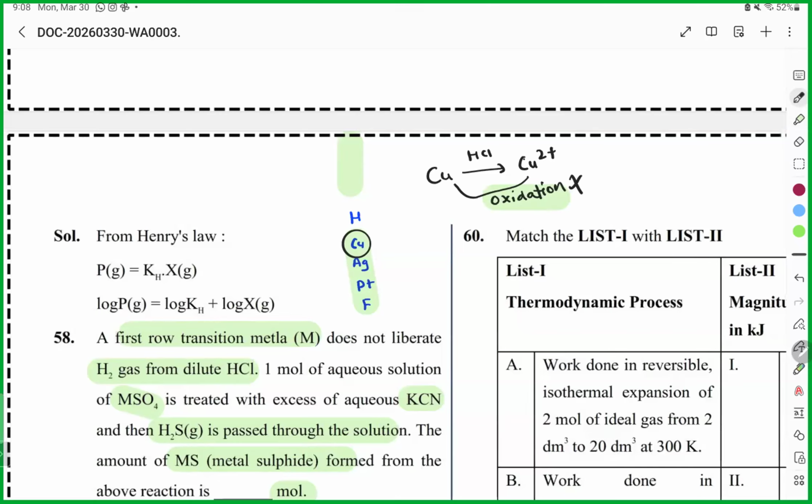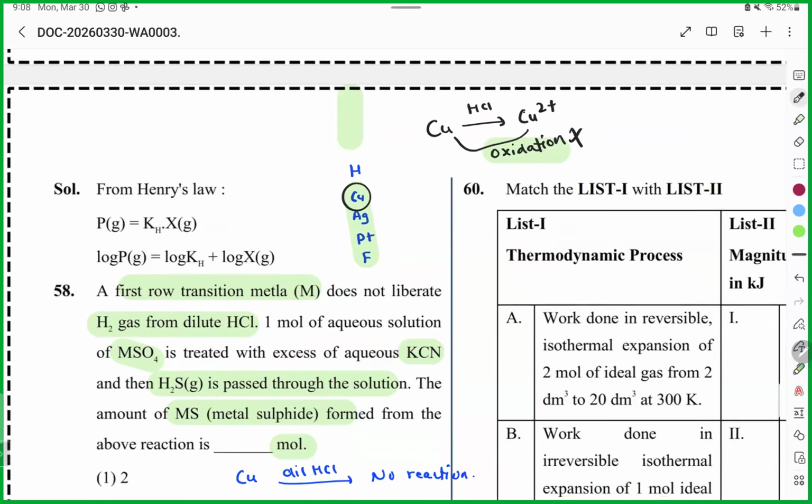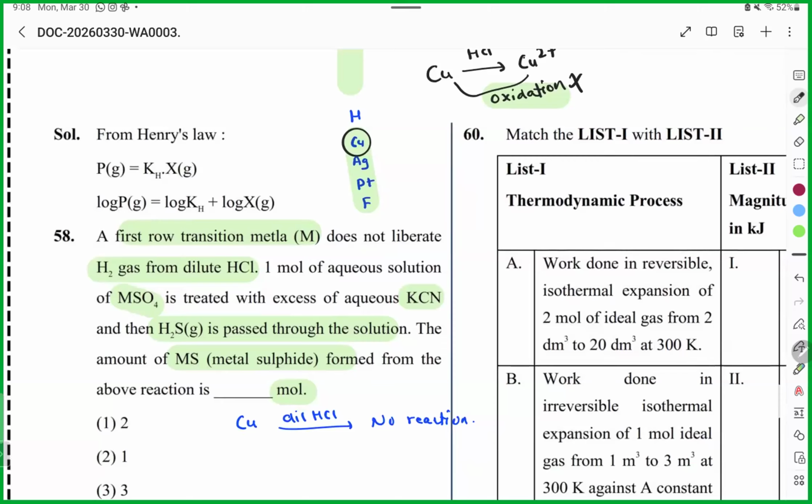If you know this is copper, then it forms sulfate, so copper sulfate. Copper sulfate when reacting with KCN will form the popular coordination compound.